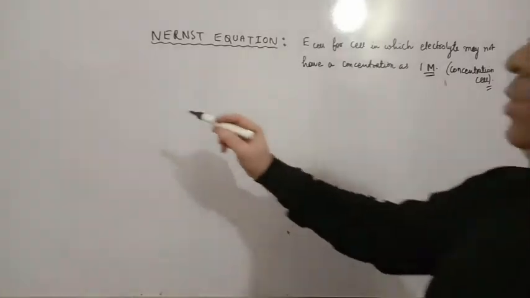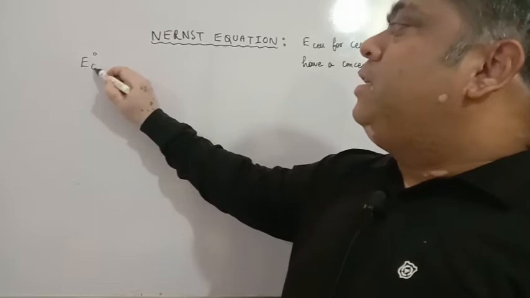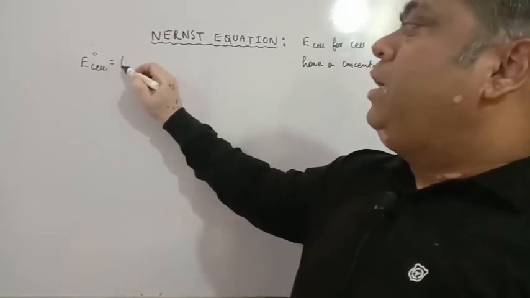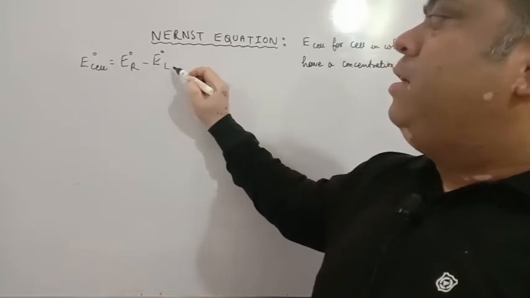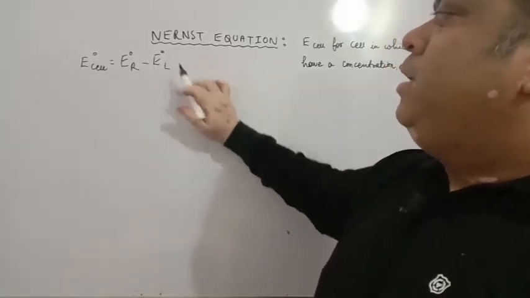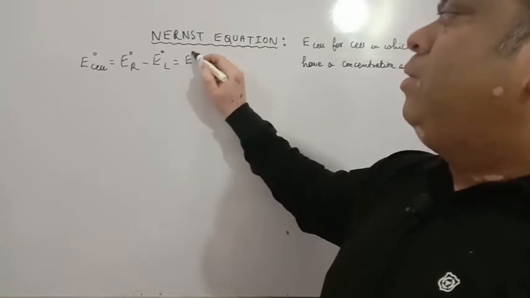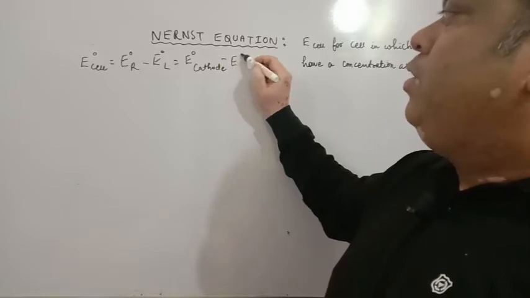So just to revise, we had seen that E standard cell is equal to E right standard minus E left standard. Also, E right is nothing but cathode. This is in our mind now very well. We will not forget this ever.